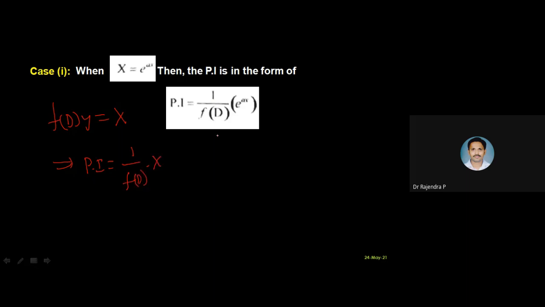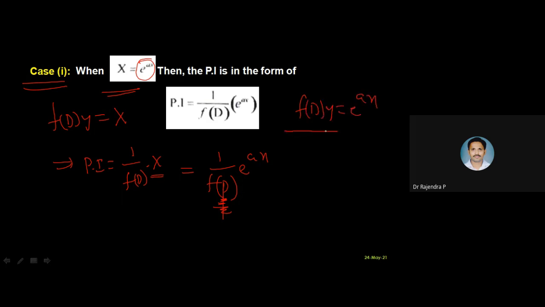Here, in place of x, you may get any function. In this case, I am taking the exponential function in case 1. So 1 by f of D into e power ax. In place of x, I took e power ax. That means my differential equation is f of D into y is equal to e power ax.